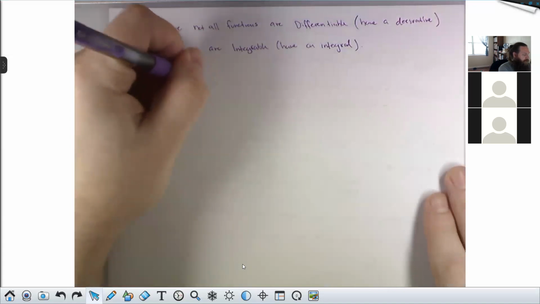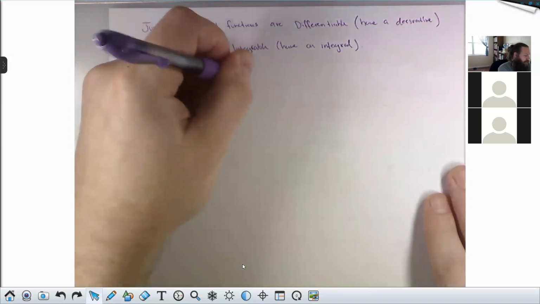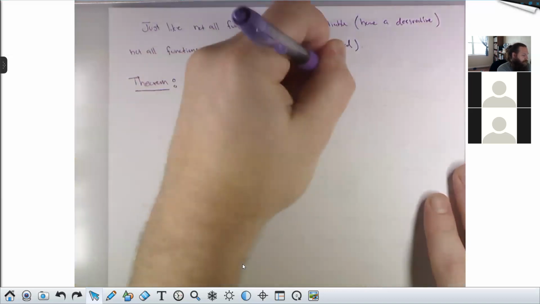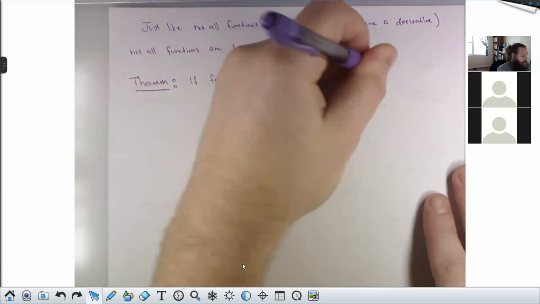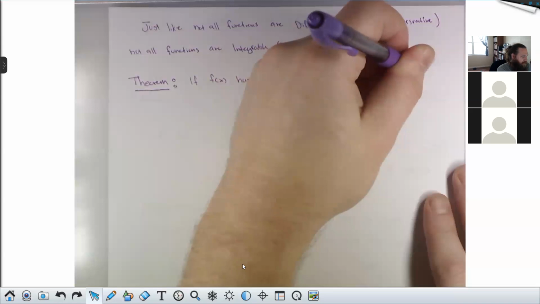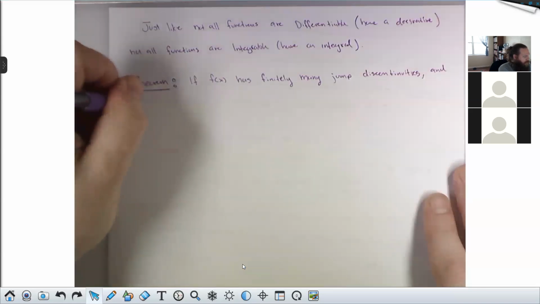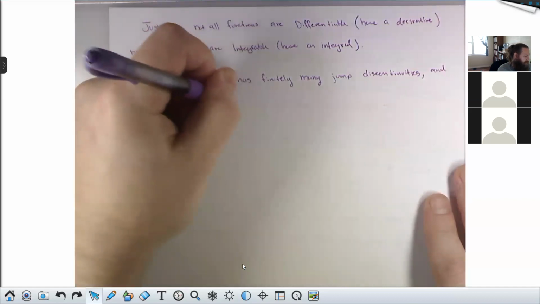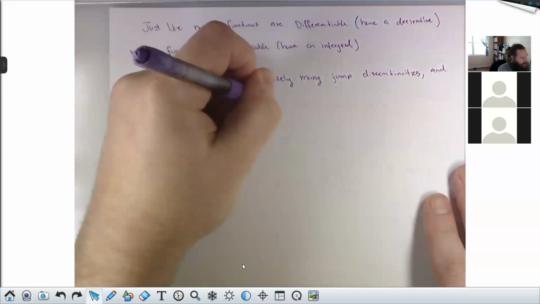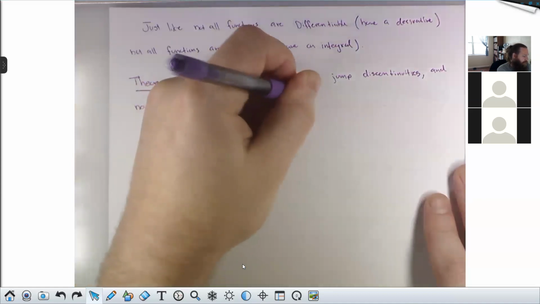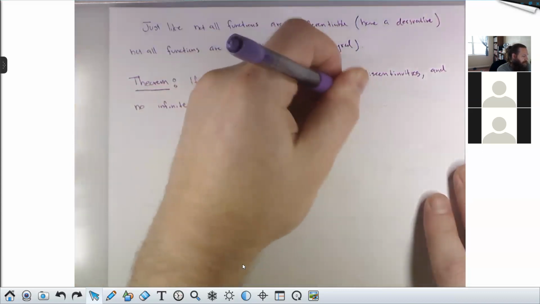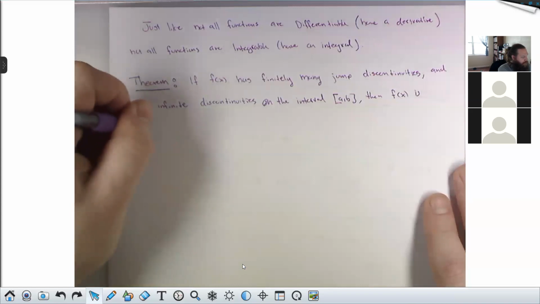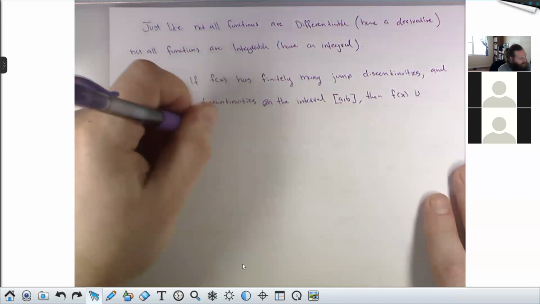So we say if f of x has finitely many jump discontinuities, and no infinite discontinuities, on the interval AB, then f of x is integrable on AB.